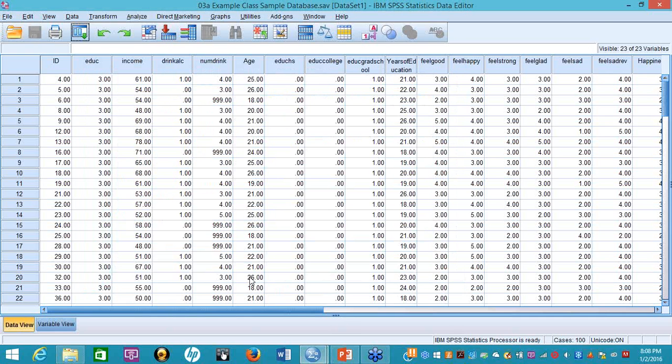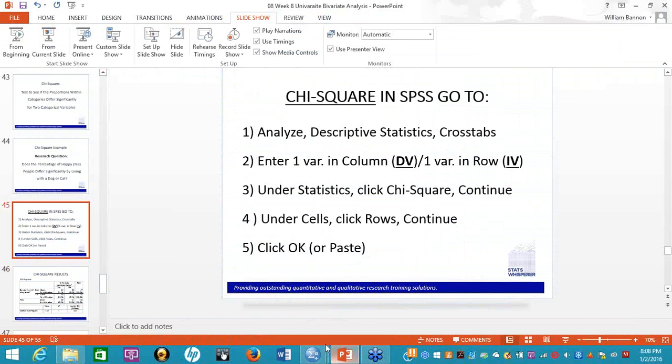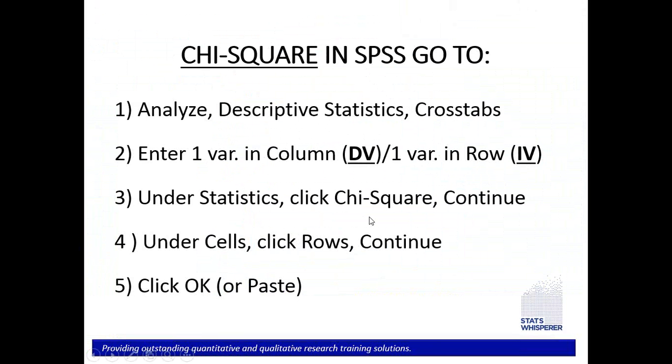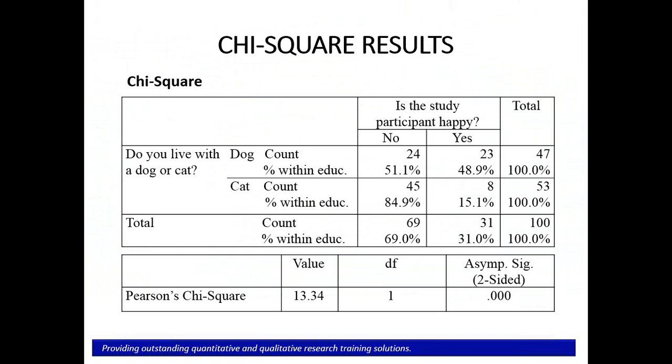Right? And then paste and then run it. Okay? So the output will look like this. And where are our numbers? Right there. In the bottom row, we see the significance in the last column of the second box is below 0.05, meaning there's a statistically significant relationship. And if we look at the center column on the top box, under yes, the first row is dog.